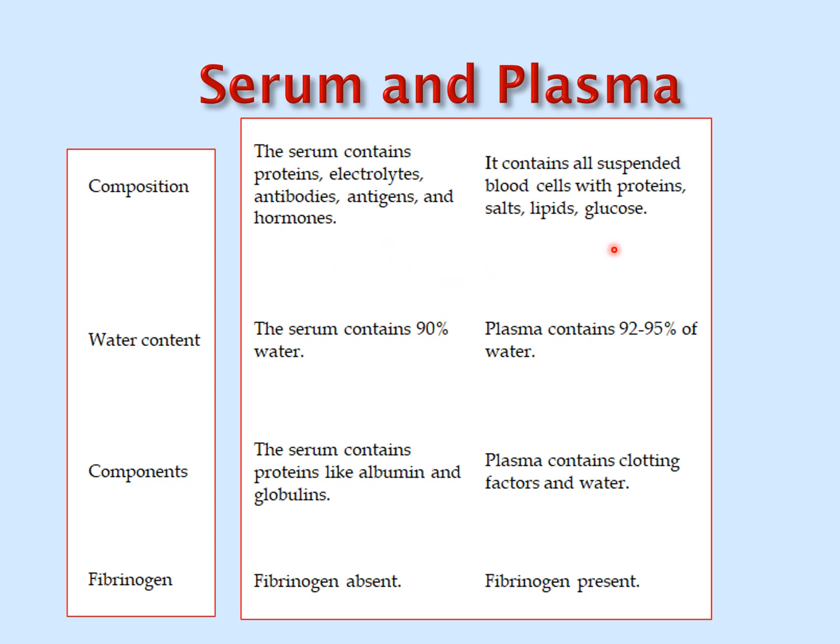In plasma, we can find different blood cells, and again proteins and chemical compounds. In serum, we can find less water, approximately 90%. In serum, we cannot find fibrinogen, and sometimes we can name serum as plasma without fibrinogen.